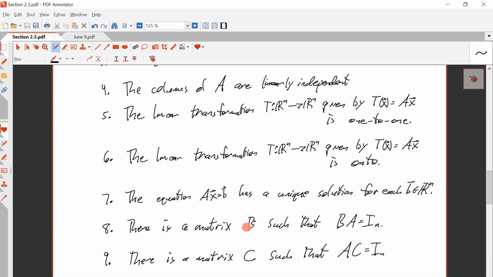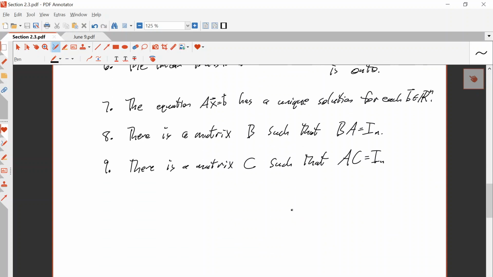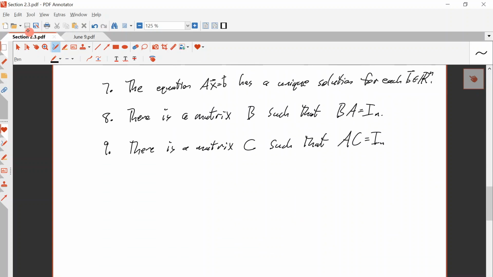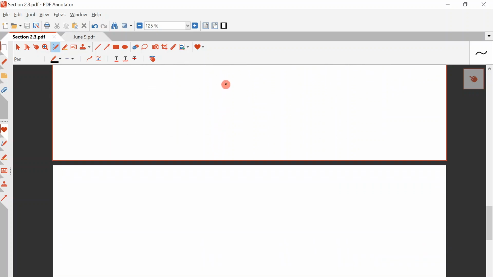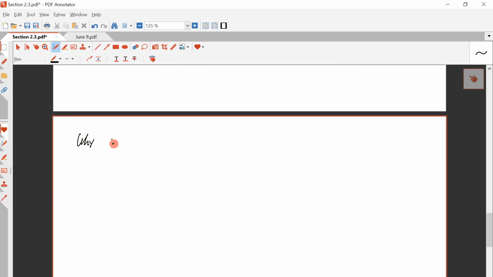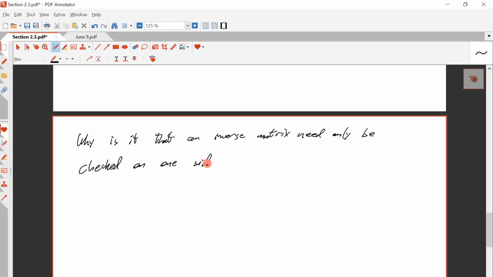Okay, this is a little bit different than all the other ones we've been talking about here, but it basically goes as follows. So why is it that an inverse matrix need only be checked on one side? Okay.